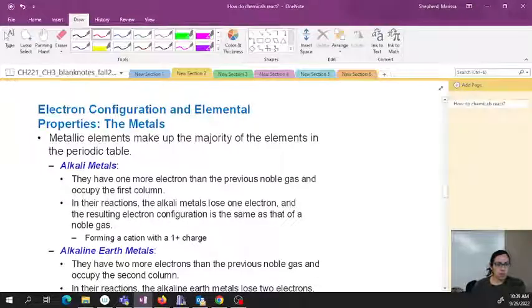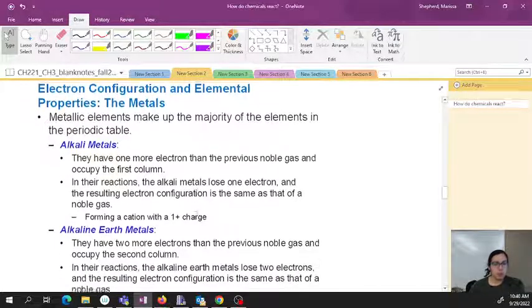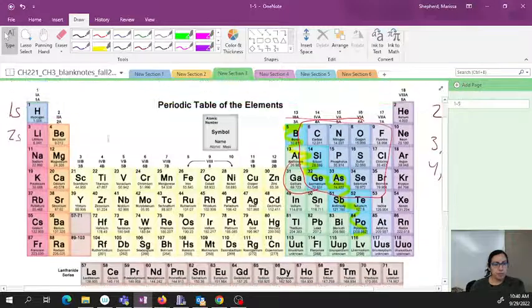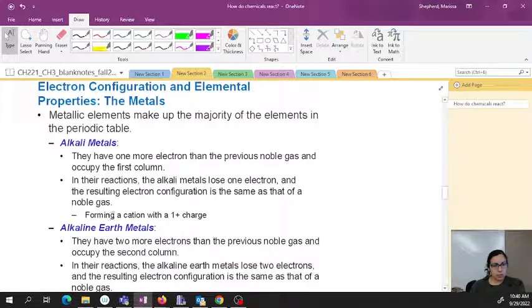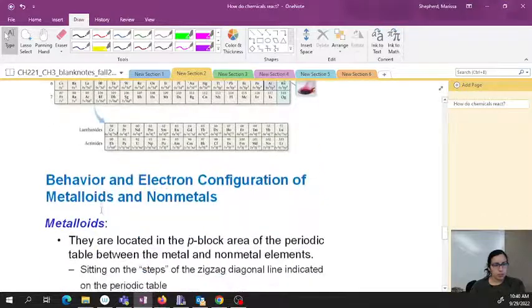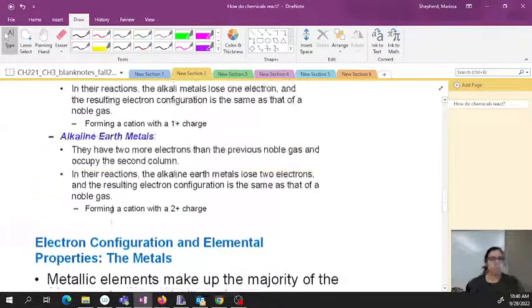All right, so now let's look at electron configuration and what they all have to do with one another. And so again, if we look at our alkali metals, they all follow this pattern. Let's do electron configuration.